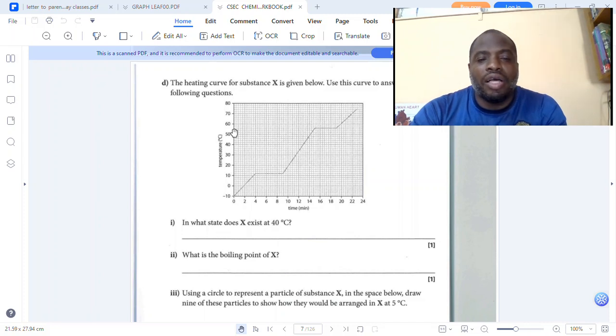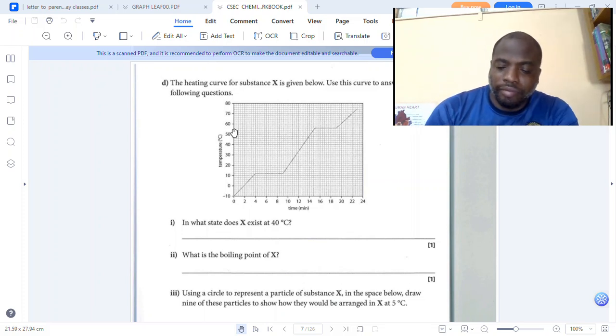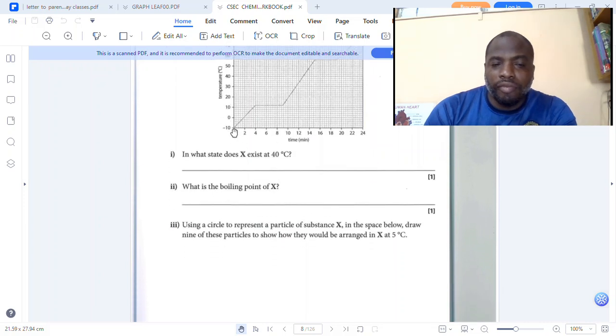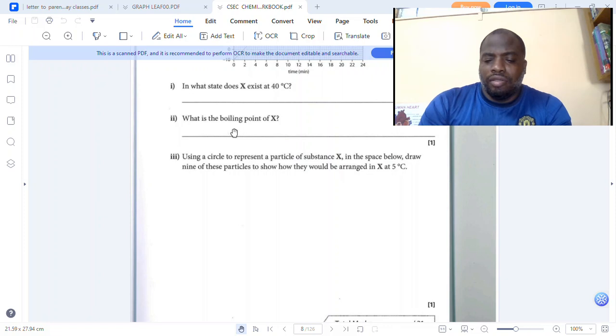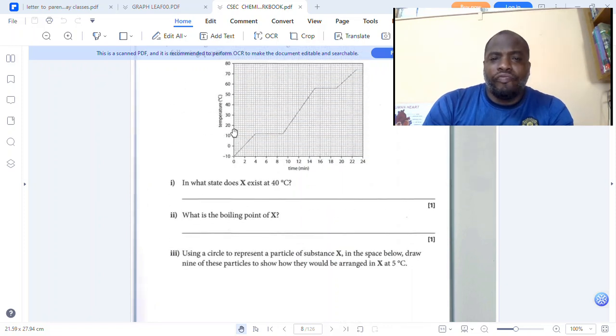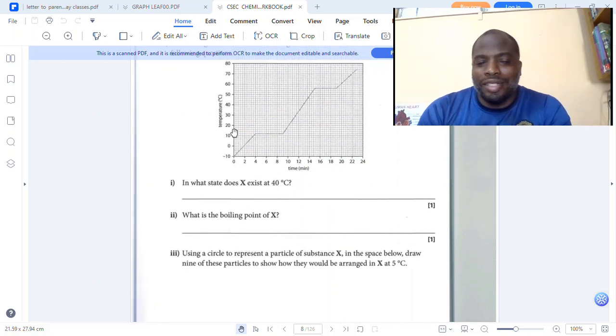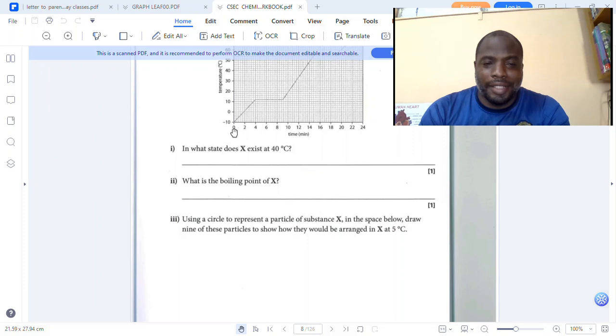And so the boiling point would have been 58 degrees Celsius. What you can do is figure out the temperature also for the melting point. Can you figure out the melting point? Let me know in the comments what is the melting point of substance X.